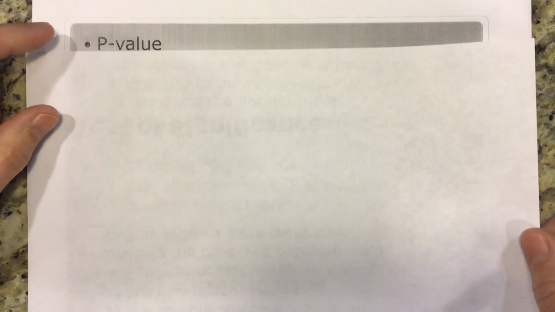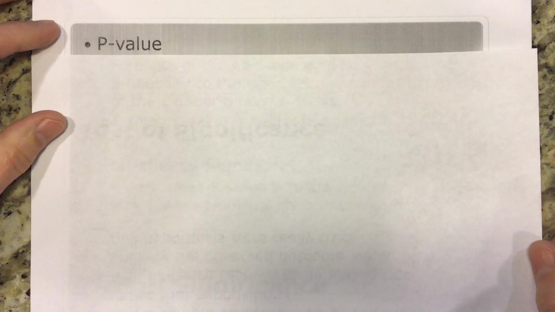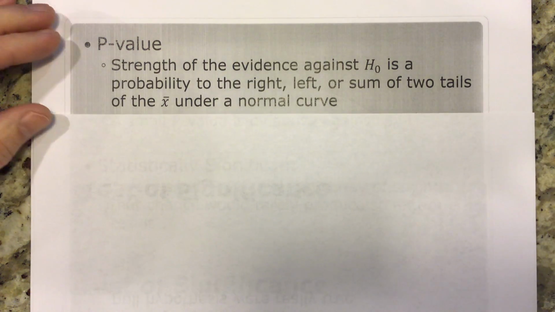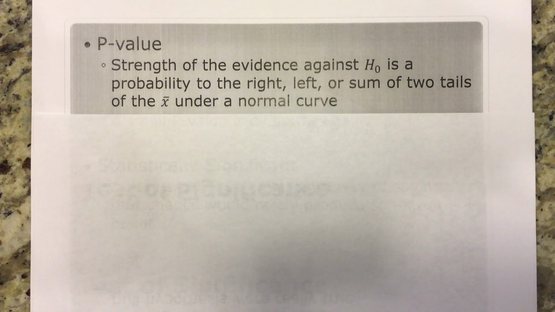All right, some vocabulary. The p-value is just the probability of attaining a result as rare as you got or more rare, at that extreme or more extreme. Again, it's going to be based on: are you looking for evidence greater than? Are you looking for evidence less than? Or are you doing a two-tail, meaning the not equal to?